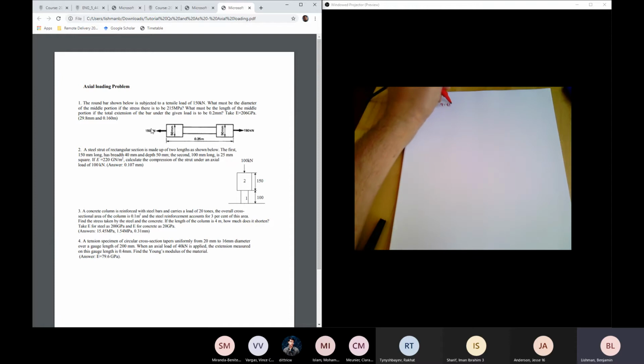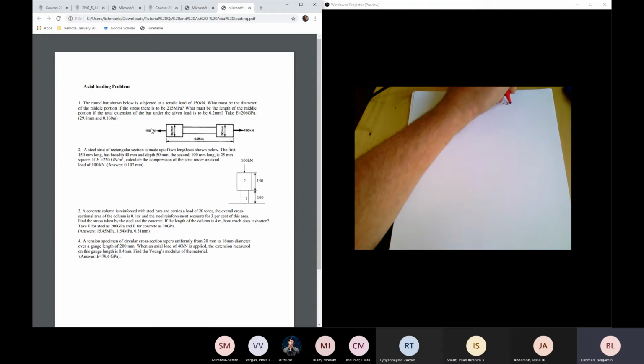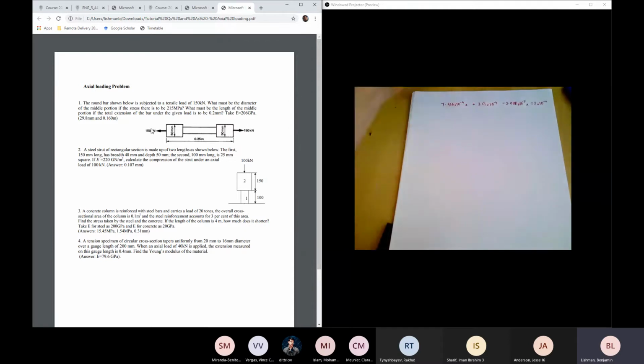So 7.416 times 10 to the minus 4 times x plus 2.61 times 10 to the minus 4 minus 2.088 times 10 to the minus 3x equals 2 times 10 to the minus 4. Now what I want to be doing is getting all the x terms on one side and all the numbers on the other side.